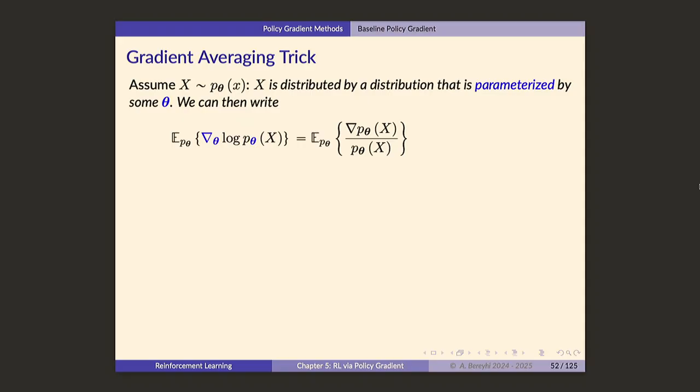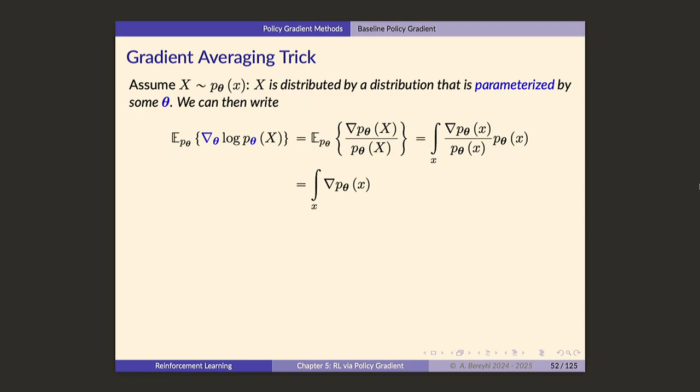Now, let me first write down this gradient. I am actually getting back to what I did in the log trick. The gradient of log p theta is the gradient of p theta divided by p theta. Now I multiply this by p theta, and p theta is going to cancel out. This is going to be the gradient of p theta, averaged over x.